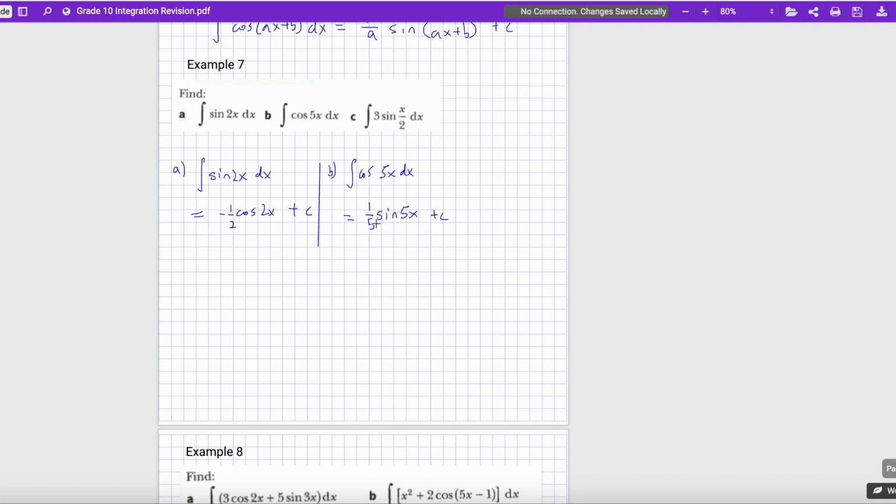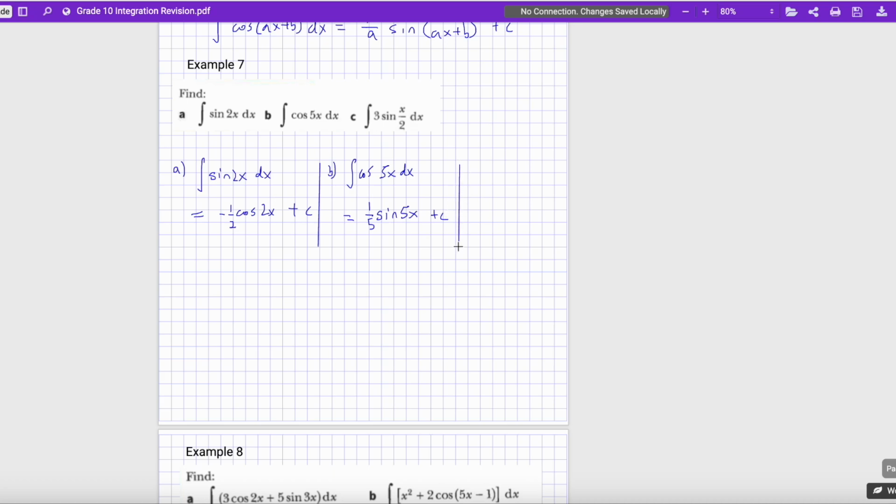Now, some of you ask, why don't we divide c as well? It doesn't really matter, because c is just a constant. Even if you divide c by 5, c over 5 is just equivalent to a constant d, for example. So we don't get too technical with the constant. We'll just leave it as a constant.